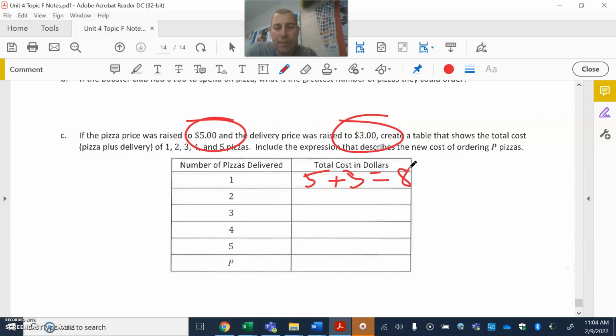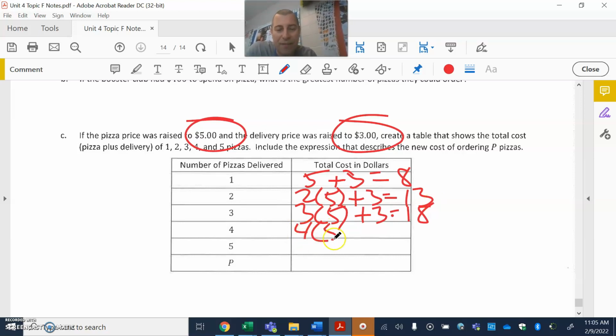So 2 pizzas. We're going to take the 2 times the 5, and then add on the delivery fee. That's going to give you a 13. 3 pizzas: 3 times the $5, and then we add on the delivery fee. We're at 18. 4 pizzas: we multiply times the 5 because they're $5 each, and add on the $3.